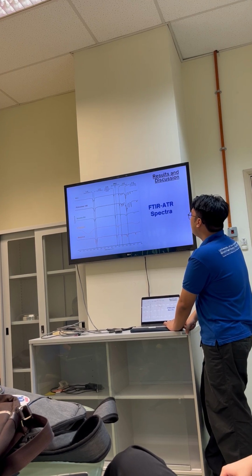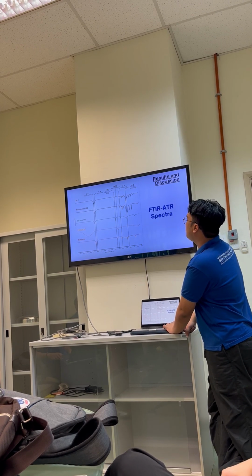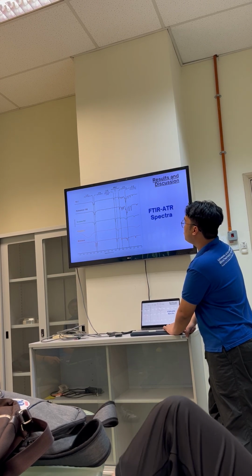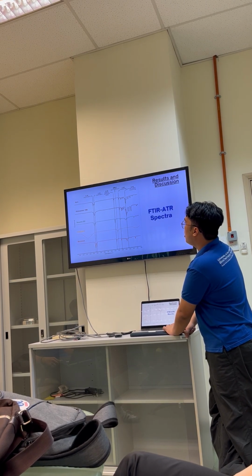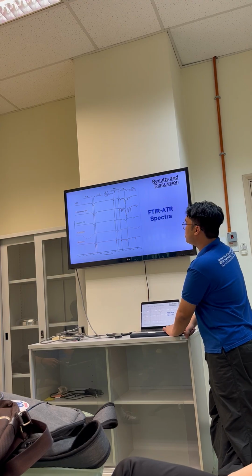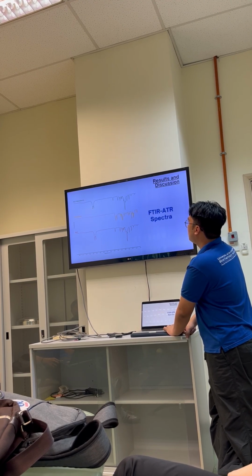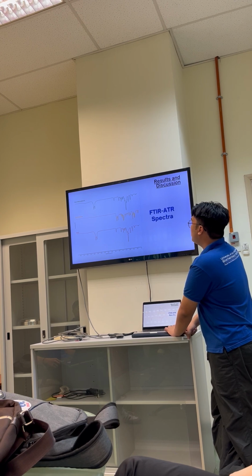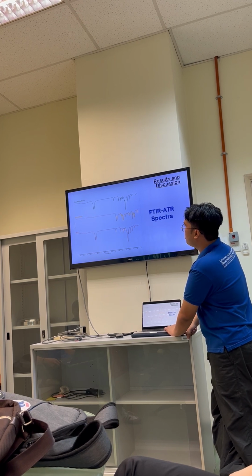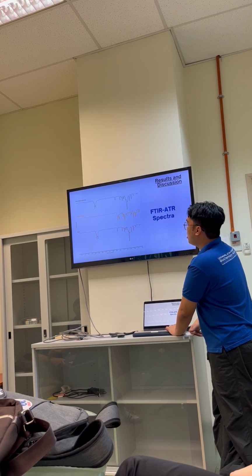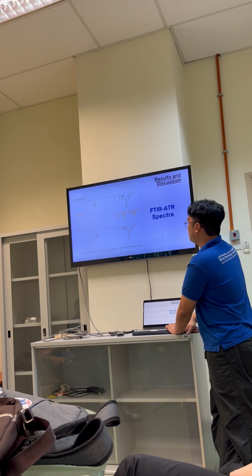Then for the FTIR ATR spectra, we got this, so we just have confirmed that indeed our final NLC product gets the transmittance profile from its components. And this would be the FTIR ATR spectra for the drug and the NLC separately, as well as for the combination of both components.